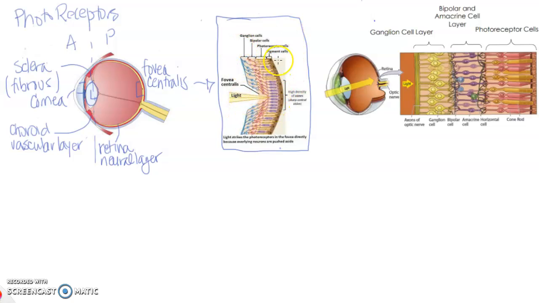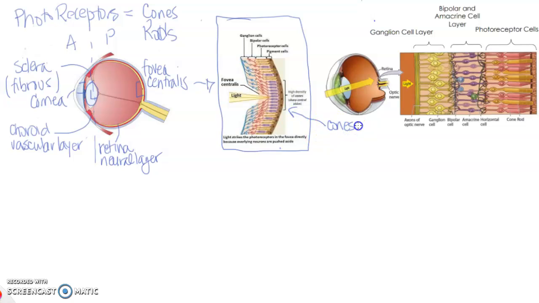The fovea, well, the whole retina contains the photoreceptors, and the photoreceptors come in two basic flavors: cones and rods. And in the fovea centralis, the cones are sort of condensed there. So these are cones.